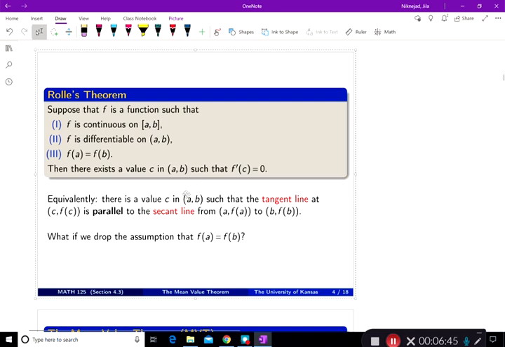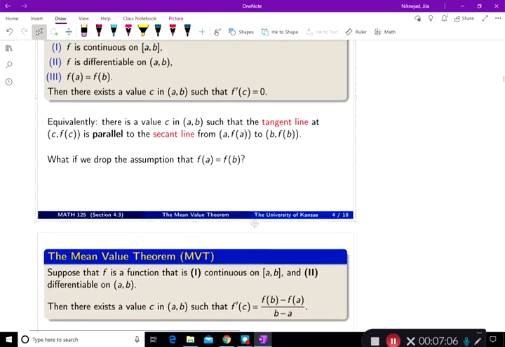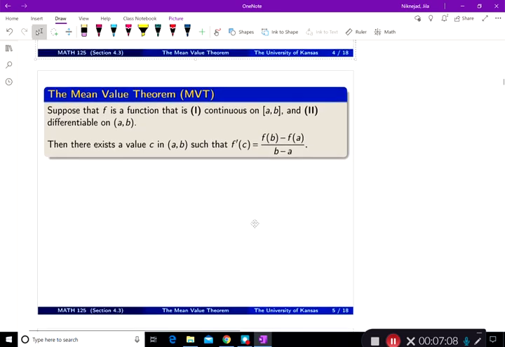There would be a c between a and b such that the tangent line at c is parallel to the secant line from (a, f(a)) to (b, f(b)). Is this possible? It turns out yes, and it can be proven using Rolle's theorem, and that's called the mean value theorem.